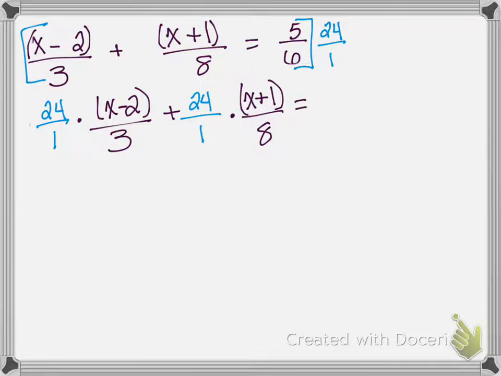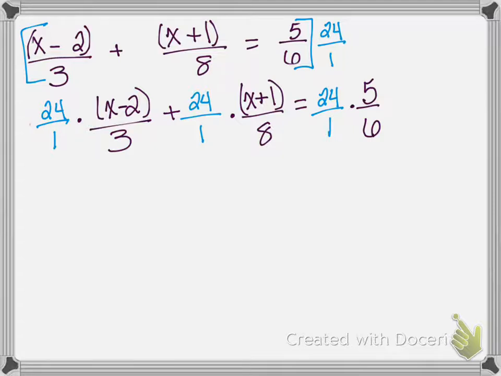Then I have 24 over 1 times 5 over 6. Now our next step is to simplify. We're going to cross cancel. That's what we're doing there. It's called cross canceling.